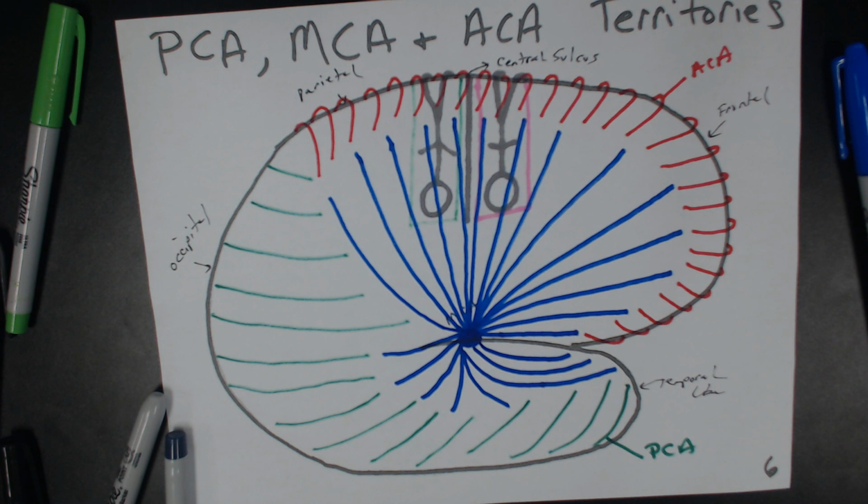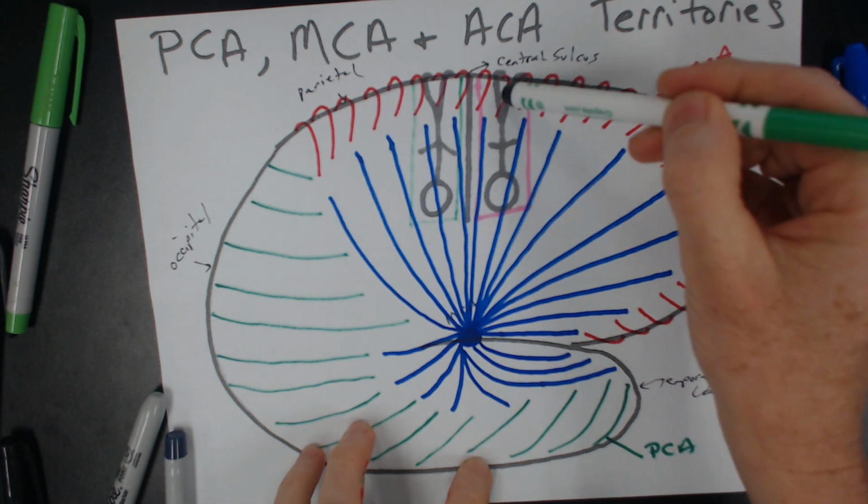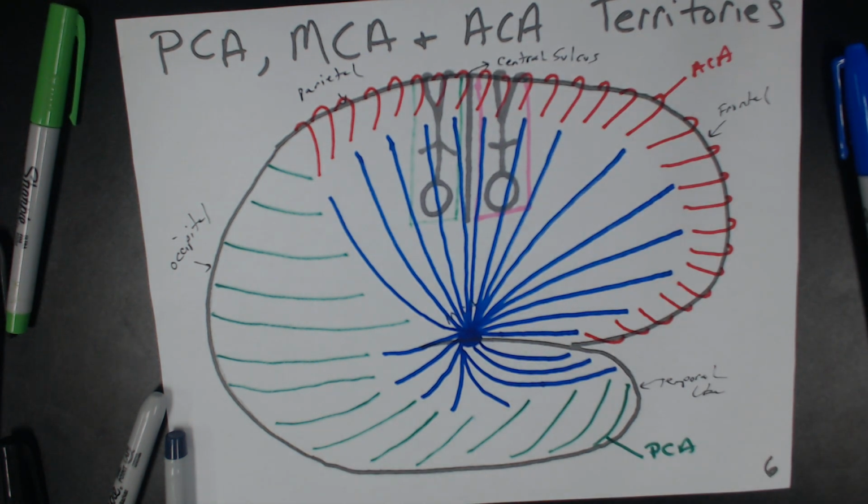Does everybody see that? This is really important because if I ask you if a person has a stroke that's affected their anterior cerebral artery, do you think they're going to have more problems with their arms or their legs? I hear legs. That's the point of this.